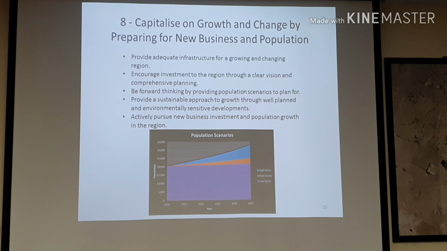So if suddenly a lot of people want to move here for some reason, making sure that infrastructure is in place for them, whether it's transport, sewer and water, or electricity infrastructure, making sure that the infrastructure we have can actually provide for any future growth scenario, and also actively pursuing further business investment, so there's the jobs to employ people who do come to seek a lifestyle here.